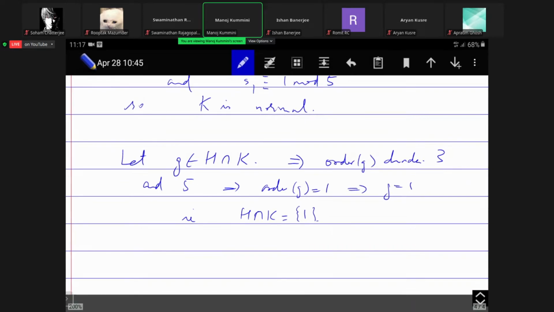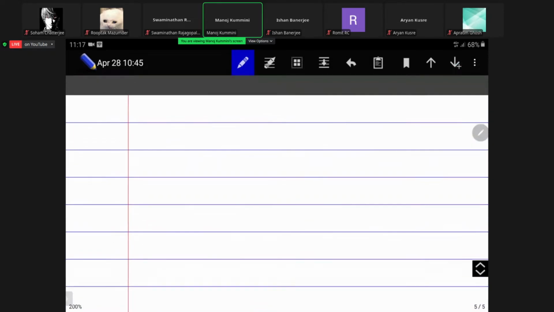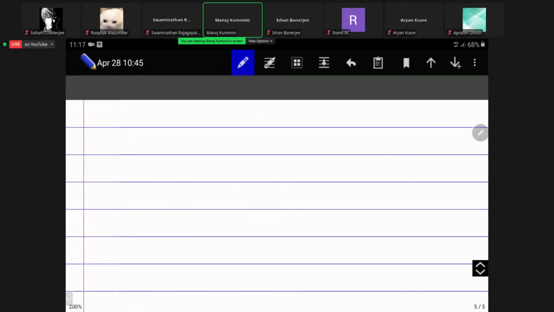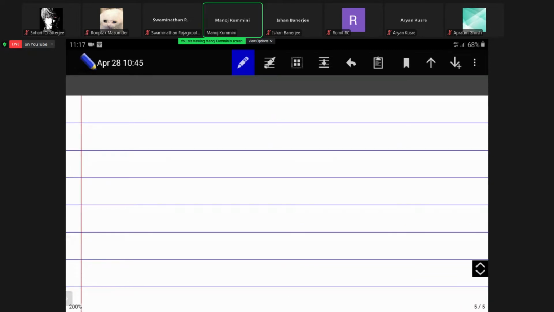Okay. So now we have identified two subgroups whose intersection is trivial. So, proposition. This is 2.11.4 in the book.